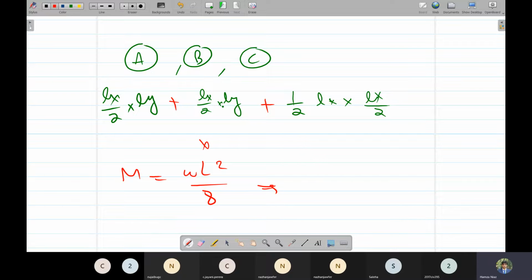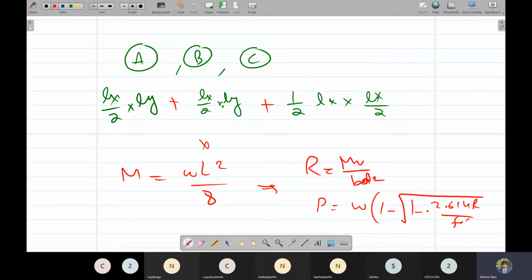And from the bending moment, we can find rho, starting from Mu over bd squared, and use the formula with the square root term and fc dash. So we can simply use this formula to calculate rho, and As is equal to rho bd. So we can find the area of steel required for the beam like this.